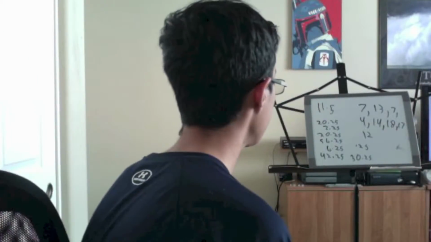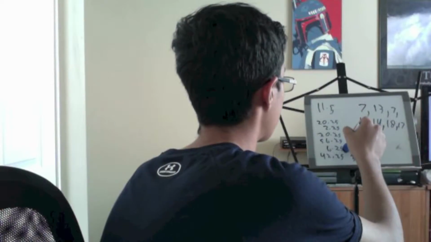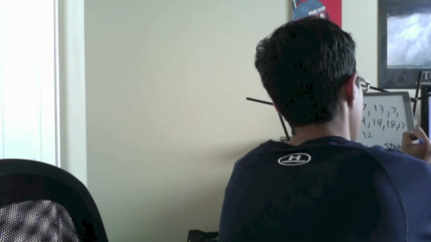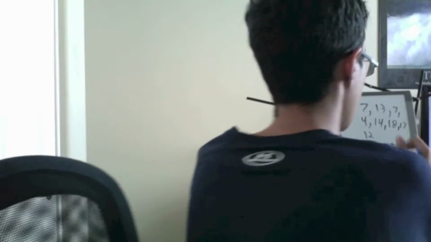That equals 178. And now we have to divide it by the 9 numbers we have. 8, sorry. Divided by 8. So 178 divided by 8 equals 22.25. That's step 3. So step 3 is 22.25.